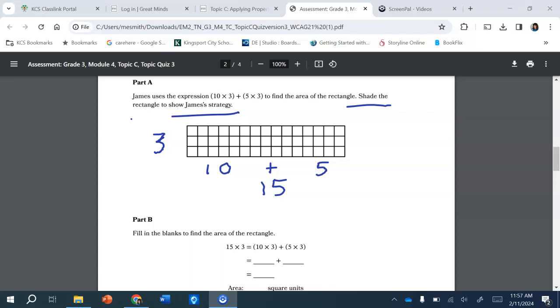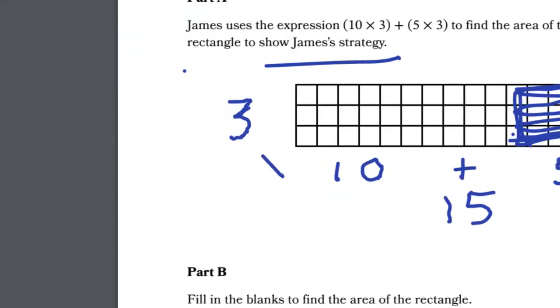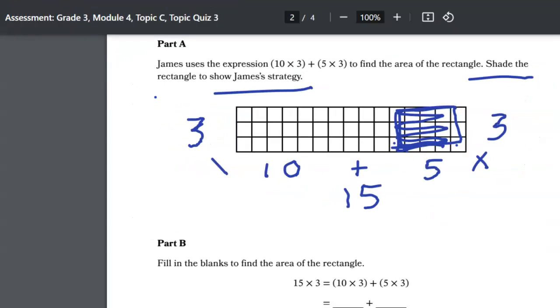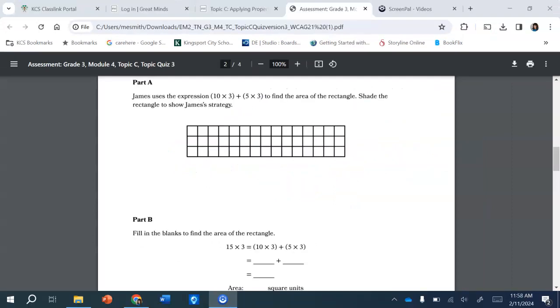So for the sake of time, I am going to do 5. 1, 2, 3, 4, 5. I'm going to shade in a 5 by 3. And that leaves a 10 by 3 over here. So you see we've broken it apart into 2 pieces.